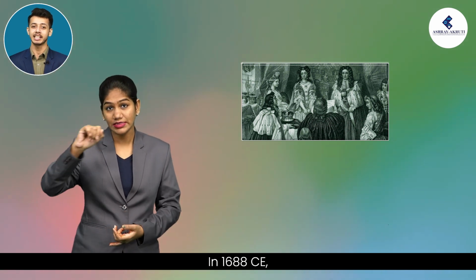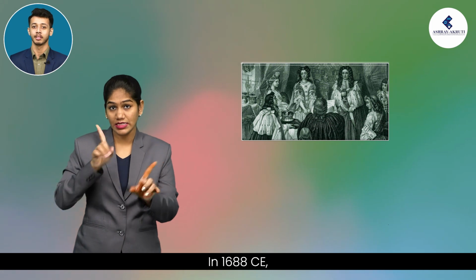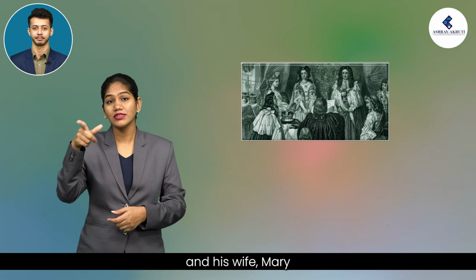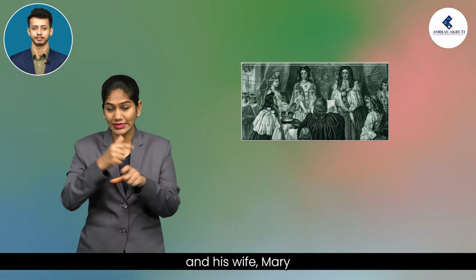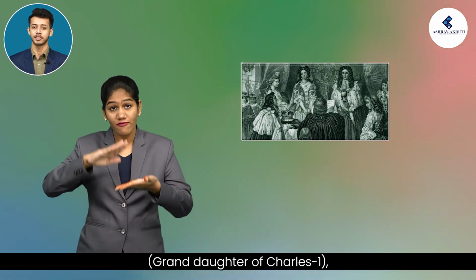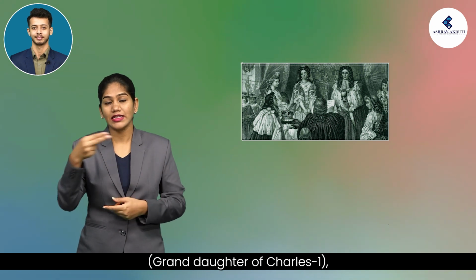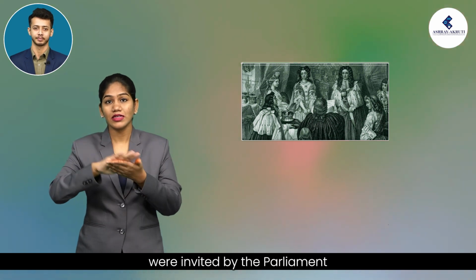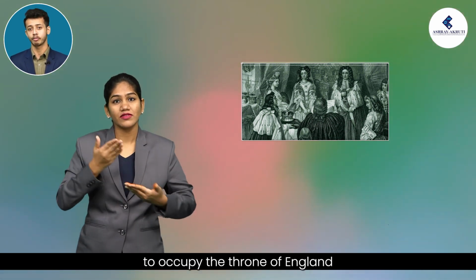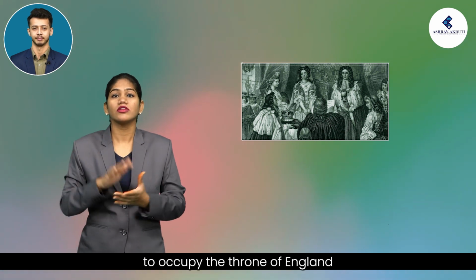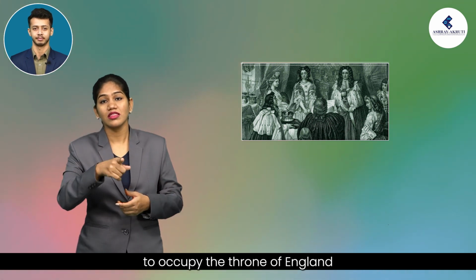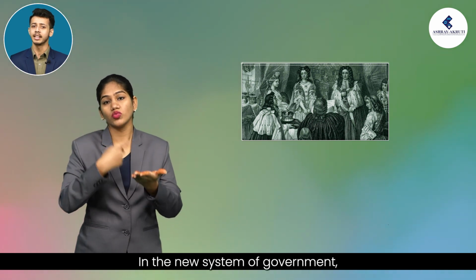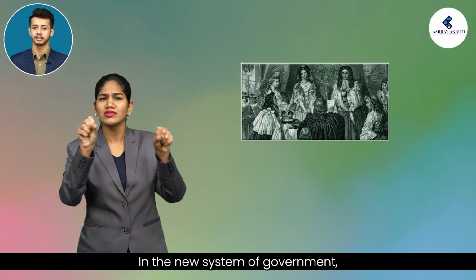In 1688 CE, William of Orange and his wife Mary, granddaughter of Charles I, were invited by the Parliament to occupy the throne of England in the new system of government.